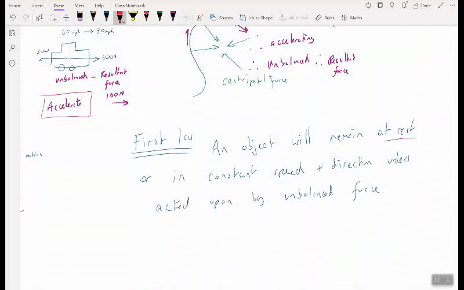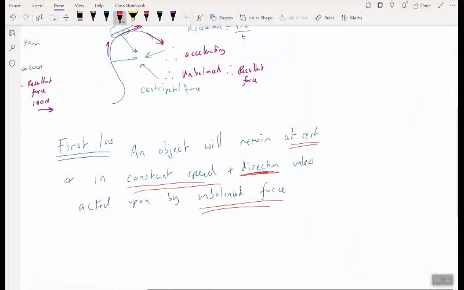So an object will remain at rest or in constant speed, and don't forget that direction, unless it's acted upon by an unbalanced force. Now, what's a simple way of remembering this?